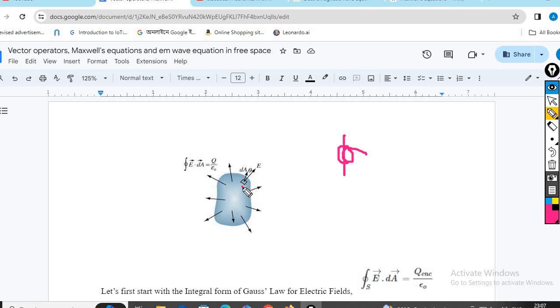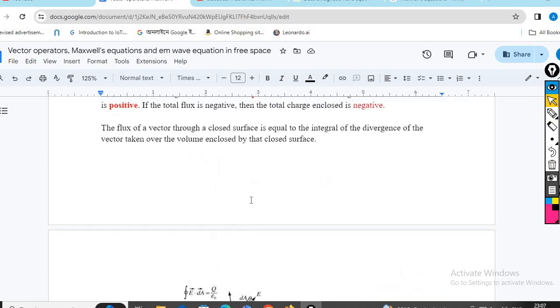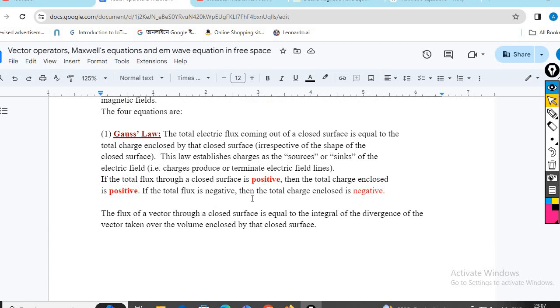So this type of surface is basically covering the whole surface. So the idea is, get the idea about the flux and integrate over this. This will give you the whole surface. Okay. So the Gauss law says that the total flux is equal to the total charge enclosed by the closed surface.